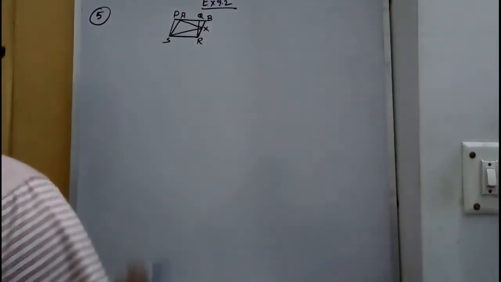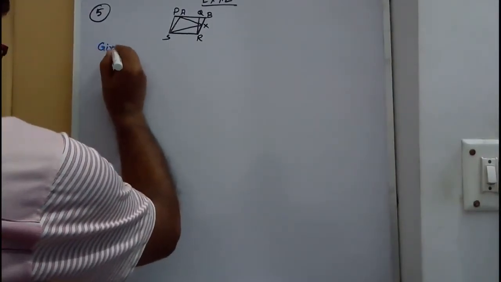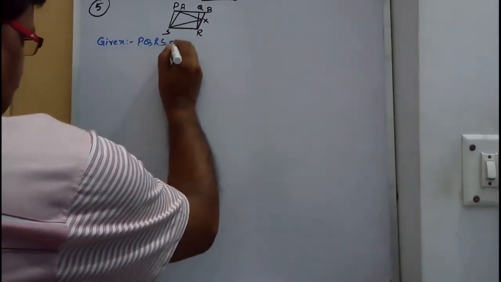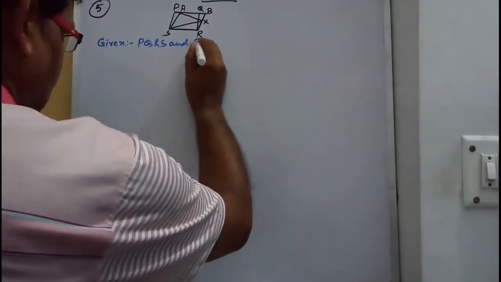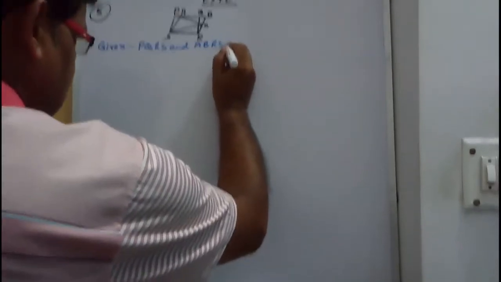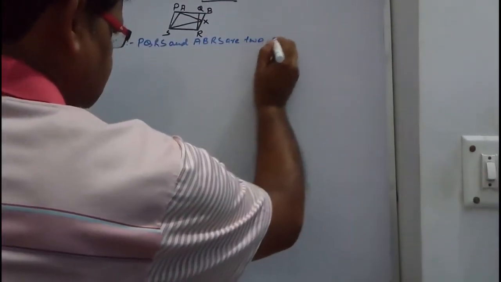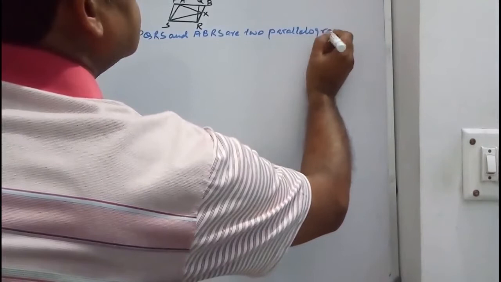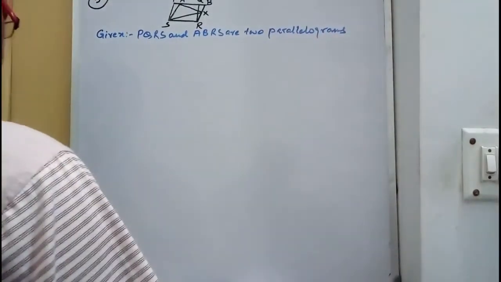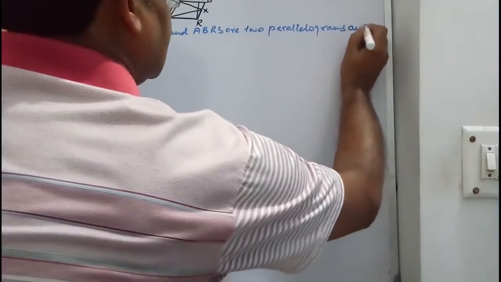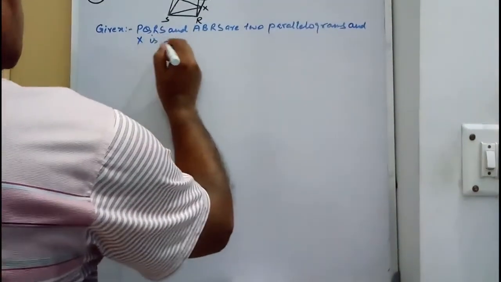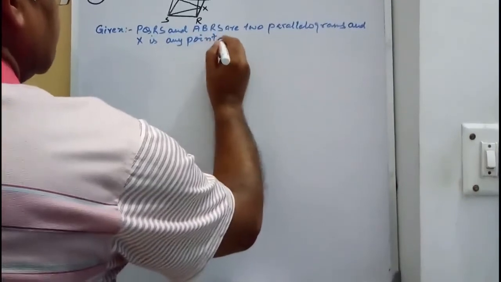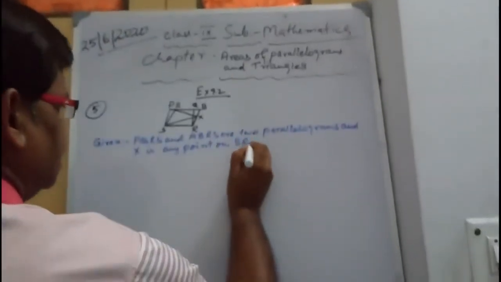Now see, given PQRS and ABRS are two parallelograms and X is any point on the side BR.